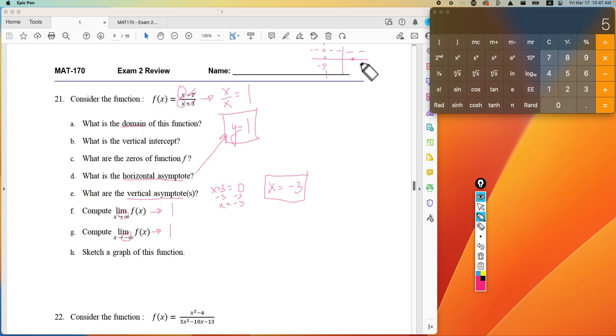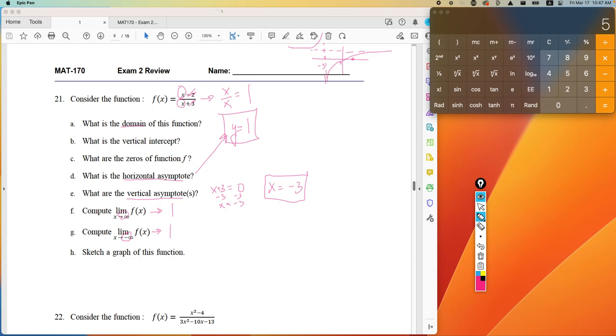Put in zeros, it's going to be 0, -2/3. It'll be down here somewhere, right? So it looks like we're going to get something that comes up like this. And then over here, it'll follow these asymptotes and go this way. So that's what the graph would look like.